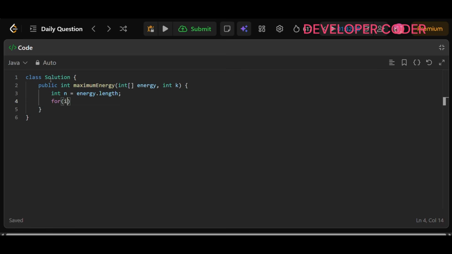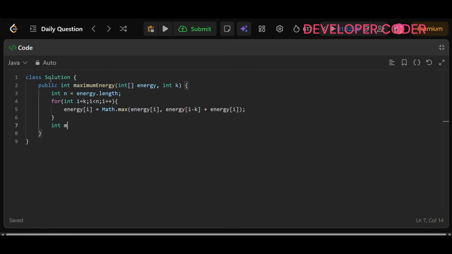So here for int i is equal to k and i is less than n, and here i plus plus, and here you are just going to update the energy of i value as Math dot max of energy of i value, if you choose to start from this point only, or if you choose to start from energy of i minus k, right? And if you choose to start from energy of i minus k, then you have to add this energy of i as well, because definitely you have to take this jump i plus k, you have to select this as well, right? So whatever the best choice.